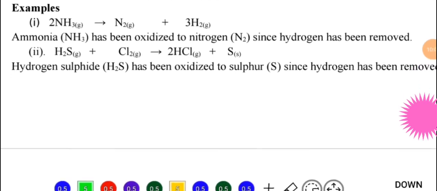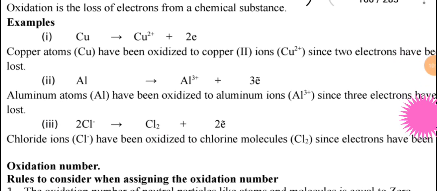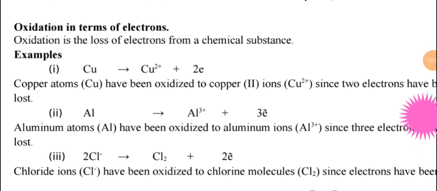We continue. Let us talk about oxidation in terms of electrons. We understand that electrons are actually located in the energy levels of every atom.